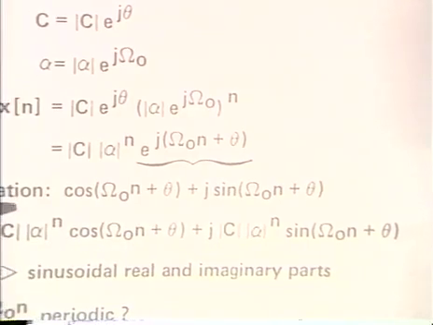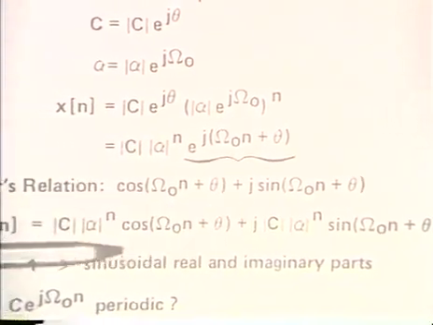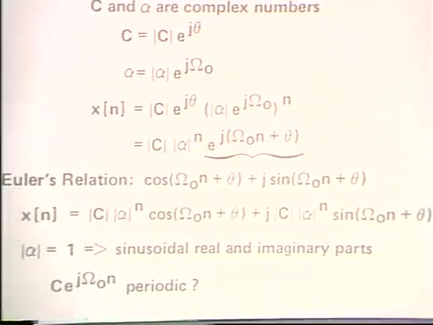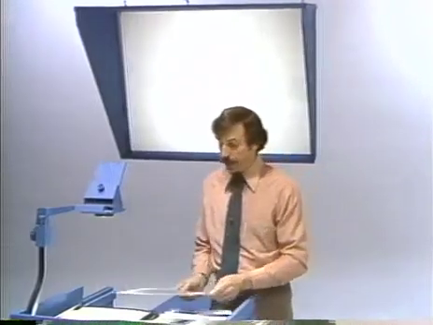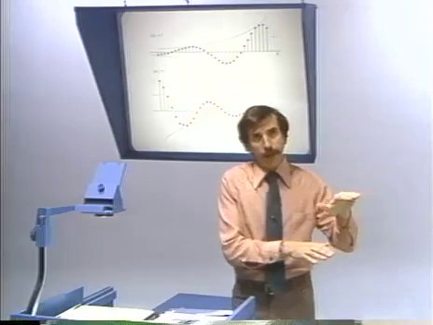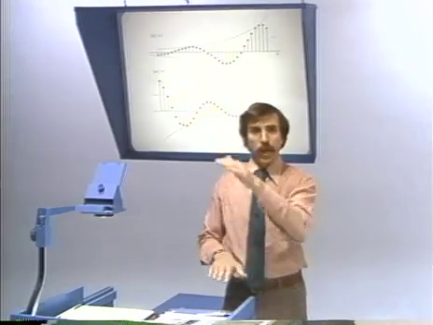And so if we look at what one of these factors might look like, it's what we would expect given the analogy with the continuous time case. Namely, it's a sinusoidal sequence with a real exponential envelope.